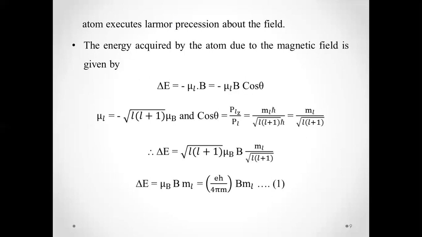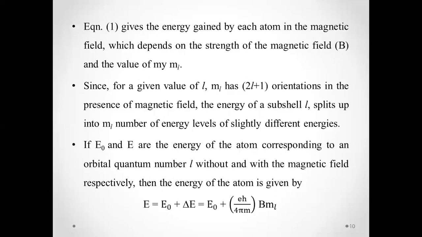Substituting this, we get equation 1, which is eh by 4 pi m into B into M_L. Equation 1 gives the energy gained by each atom in the magnetic field, which depends on the strength of the magnetic field B and the value of M_L.